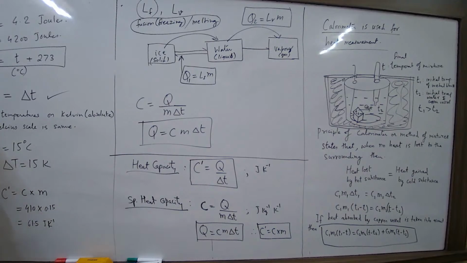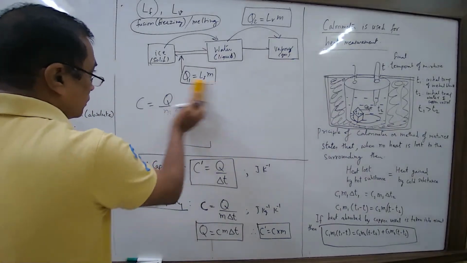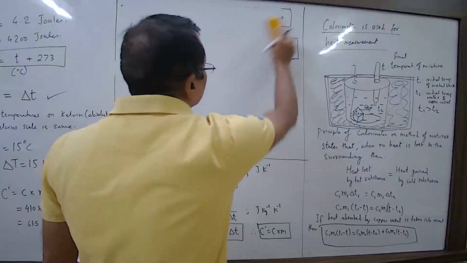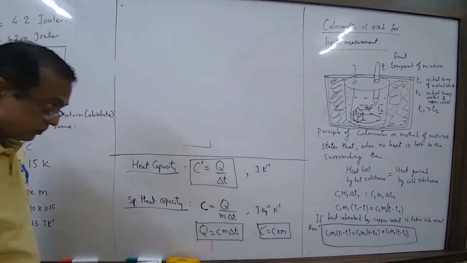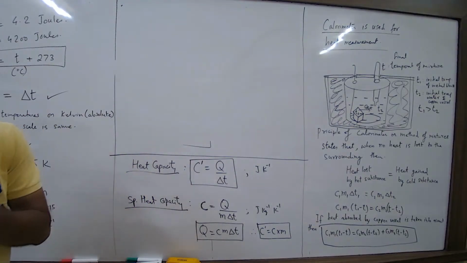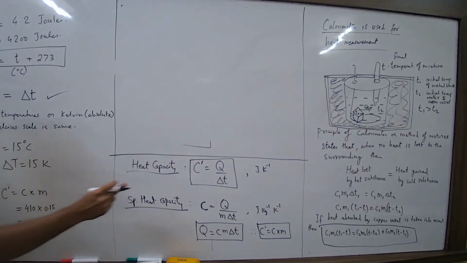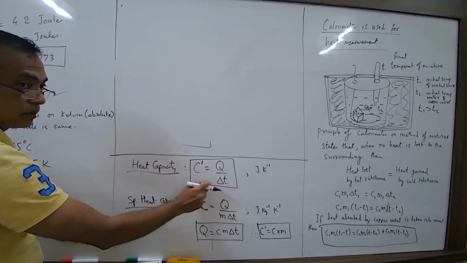So this is part A. What do you have to do in part B? You have to find Q, the heat energy, when the temperature rises from 25 to 35. So you have calculated the heat capacity, right? And you have to find Q. You are given the rise in temperature.